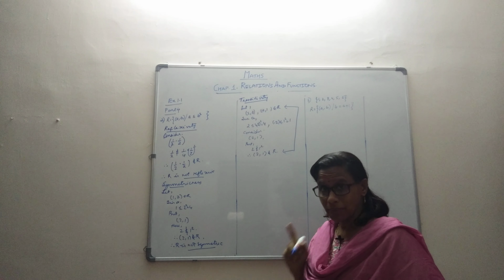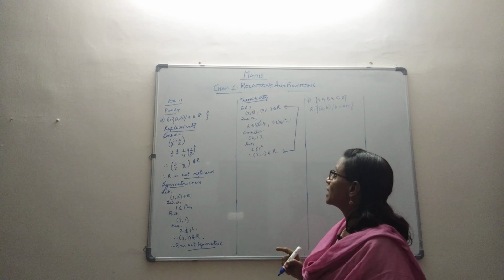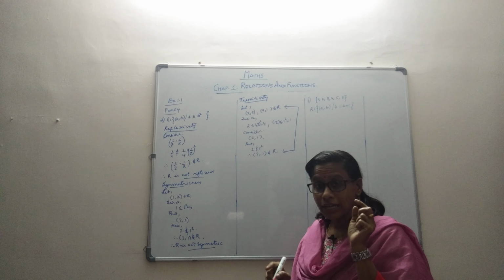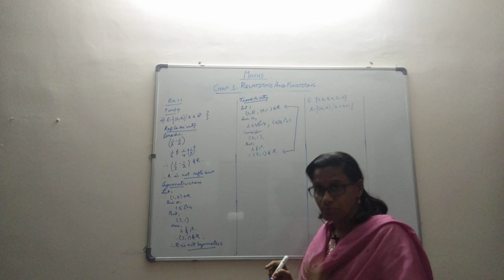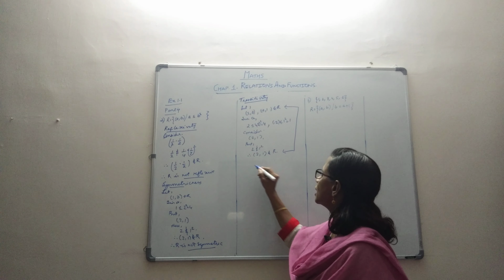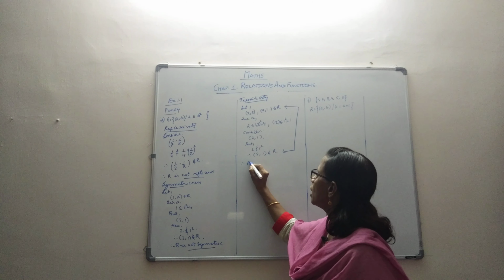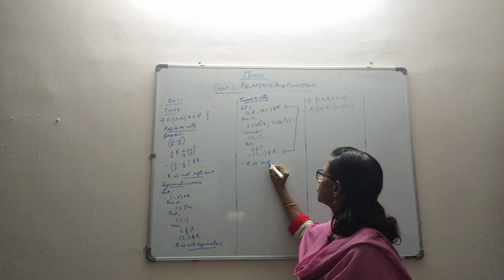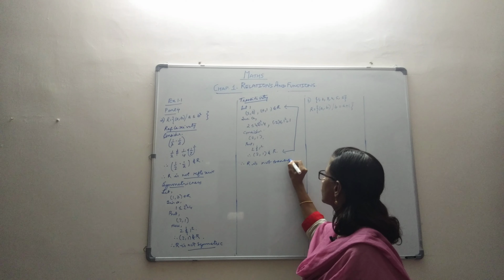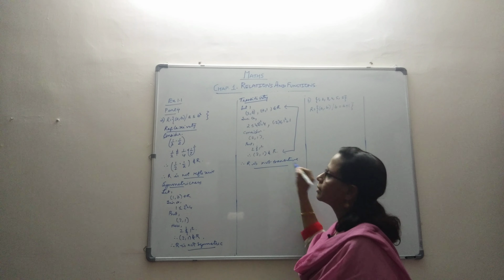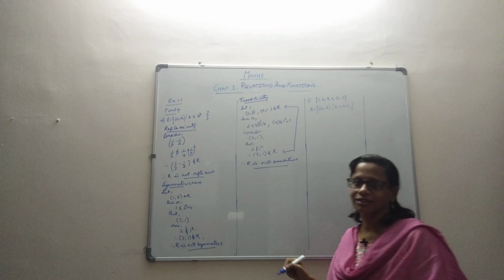Starting with (2, -2) and (-2, 1) belonging to R, if it was transitive, (2, 1) should belong to R, but that doesn't happen. Therefore, R is not transitive. So that's how we show.